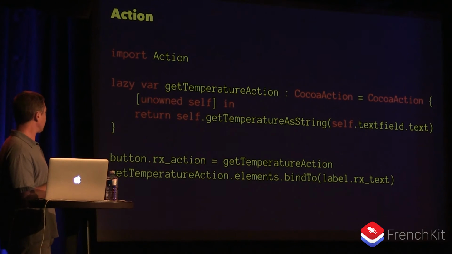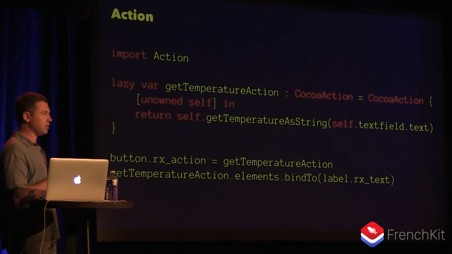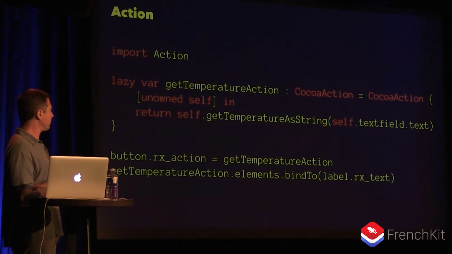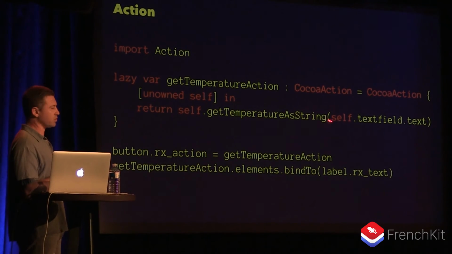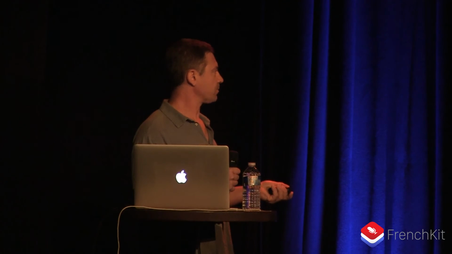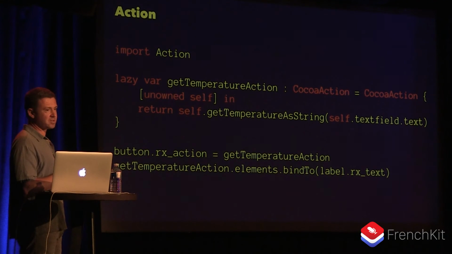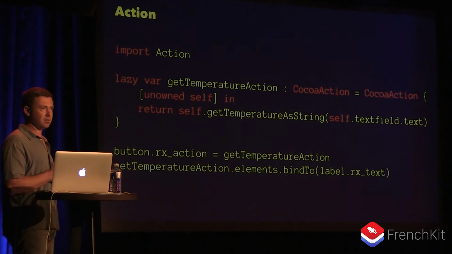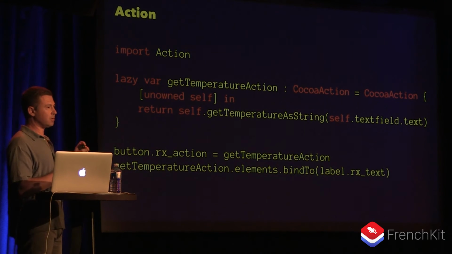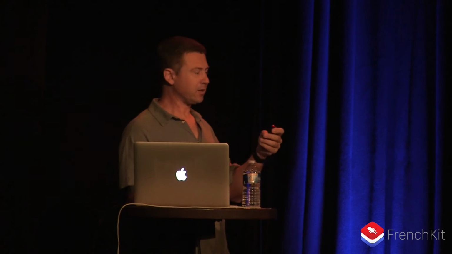And then the action has an observable sequence called elements. And elements relays all the events emitted by each individual action as an observable. And we bind this to our text label. So in the end, every time the button gets pressed, a request is made. When a request comes back, it gets turned to a string, and is bound to the label's text.